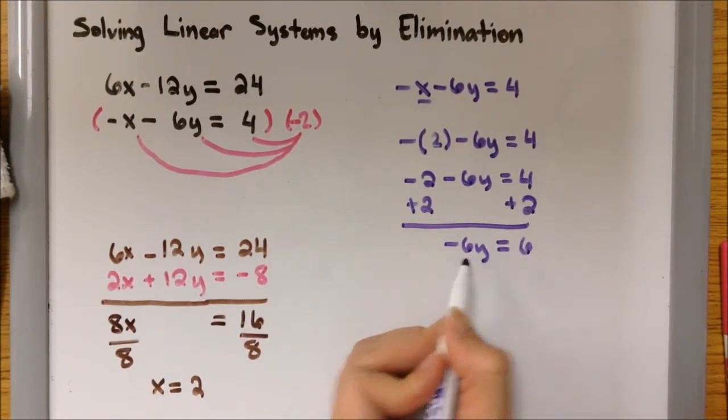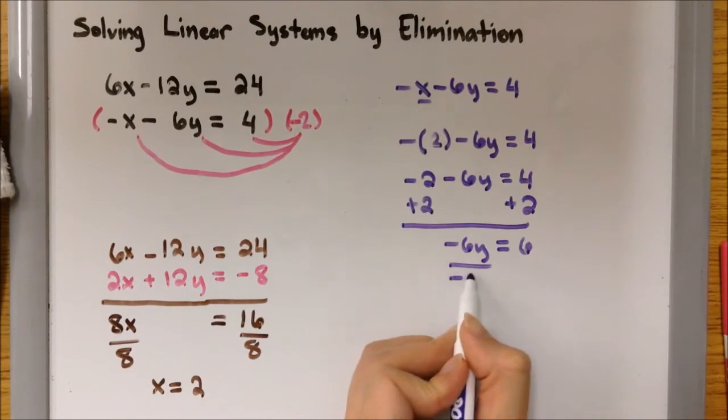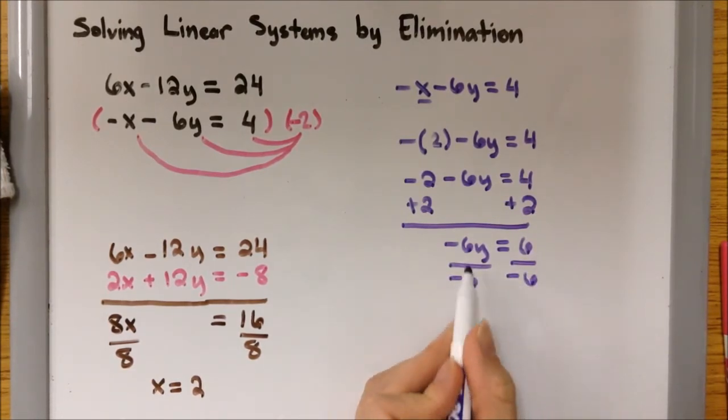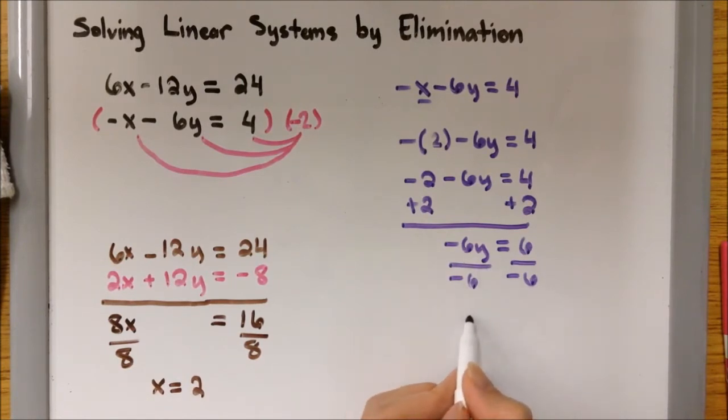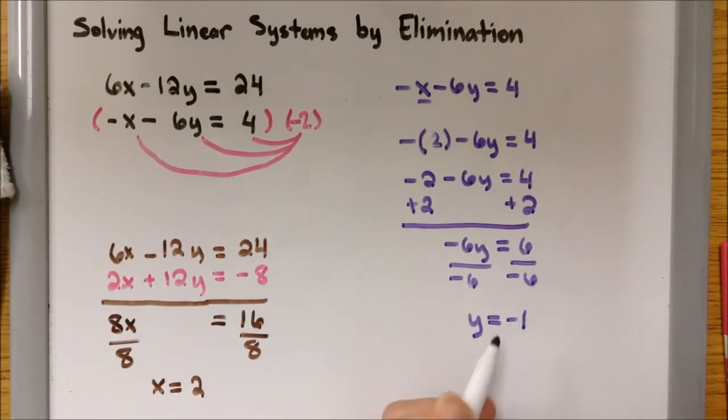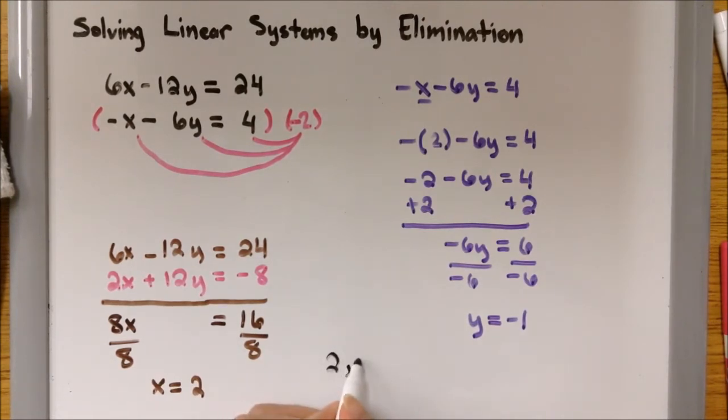If I want to solve for y, I'm simply going to divide by negative 6 on both sides. Negative 6y divided by negative 6 would be 1y, equal to positive 6 divided by negative 6, which would be negative 1. So there is our solution for x and y. If I were to write it as a coordinate point, x comes first, so 2, and then y, which is negative 1.